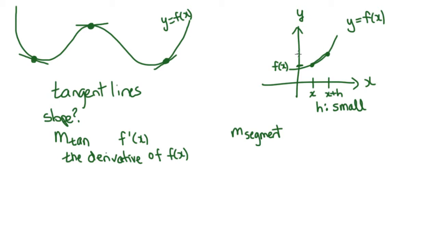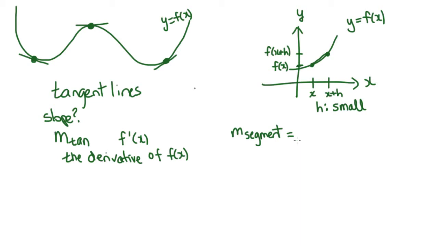Y value for a second point, so right about there. And the y value is what we get if we take this x value here, the x plus h, and plug it into our function. So the y value is actually f of x plus h. And now that we know both of our x values and both of our y values, we should be able to write down a little formula for the slope of our line segment.